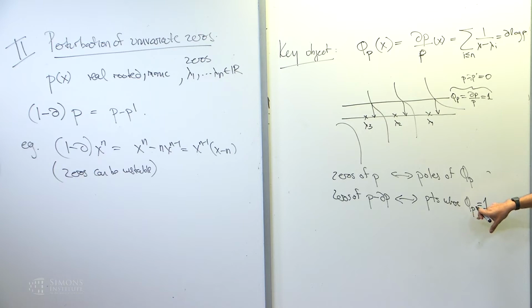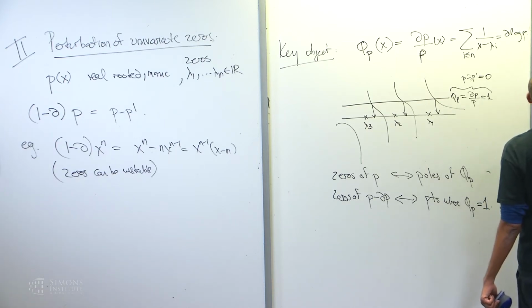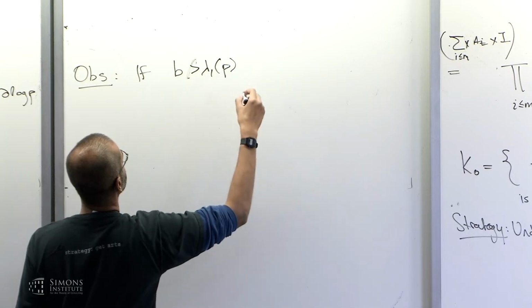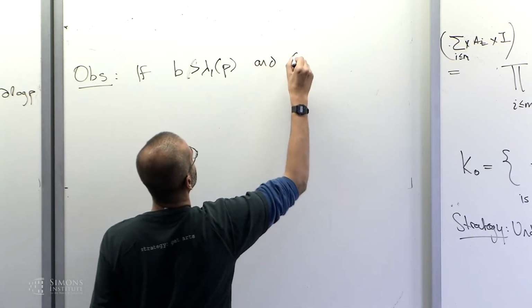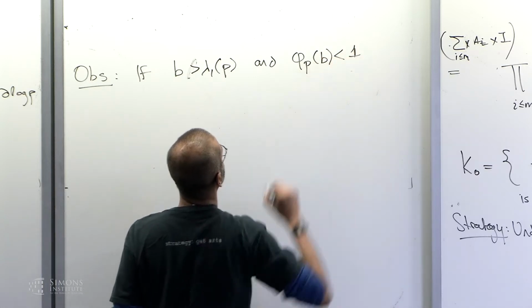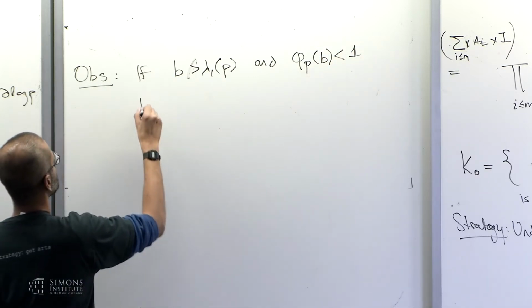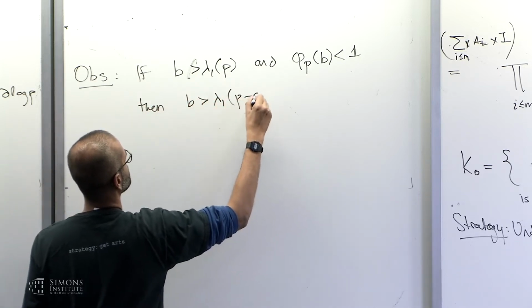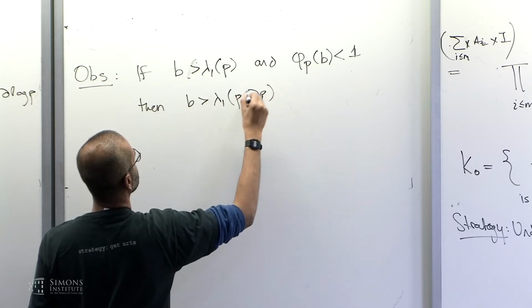You don't need to find a point where it's exactly equal to 1, just a point where the barrier function is sufficiently small. So here's the observation. If you have some number that's bigger than the largest root of a real rooted polynomial p, and you know that the barrier function of p at this point is strictly less than 1, then actually this point has to be bigger than the largest root of p minus the derivative of p.